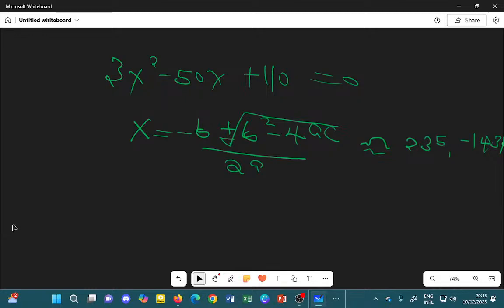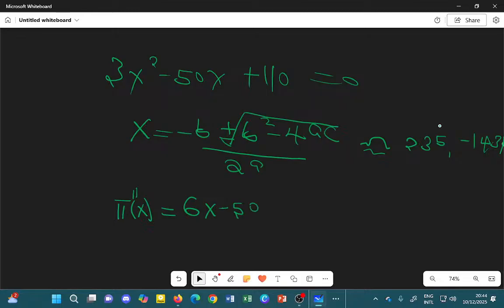If the first derivative gave us this, then the second derivative of the profit function with respect to x will now be given by 6x, because 2 times 3 gives us 6, reduce the power by 1, just x, minus 50, just minus 50.